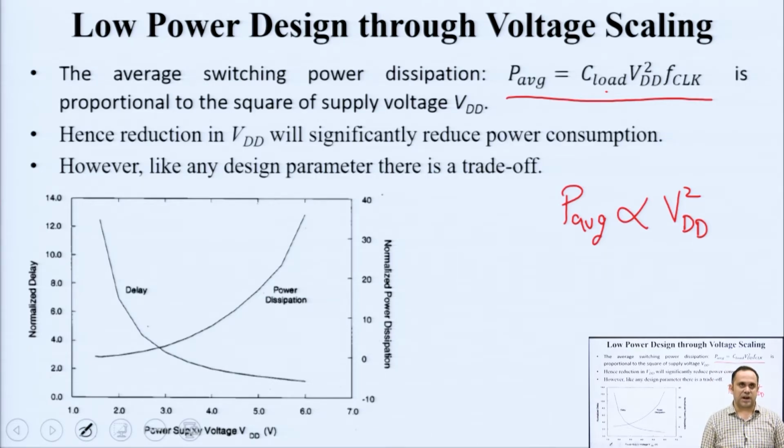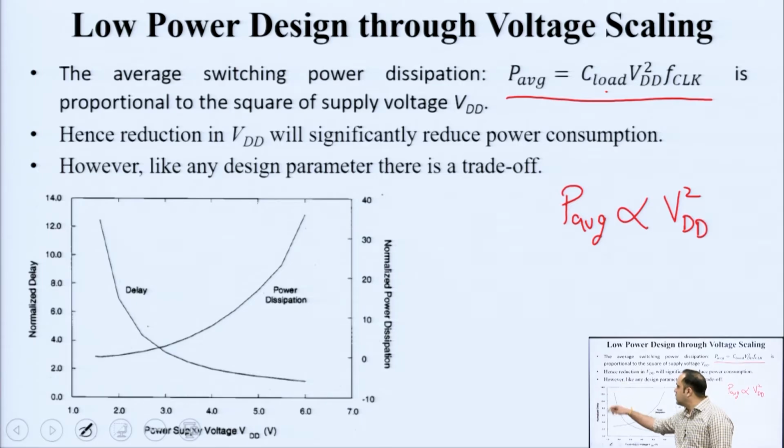If you try to improve one component, some other parameter might get disturbed. Same happens here. If you reduce the magnitude of VDD, you can reduce the amount of power consumption, but at the same time you are going to increase your switching delays. This graph here shows you this trend.